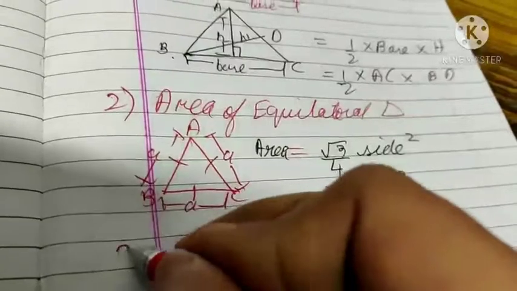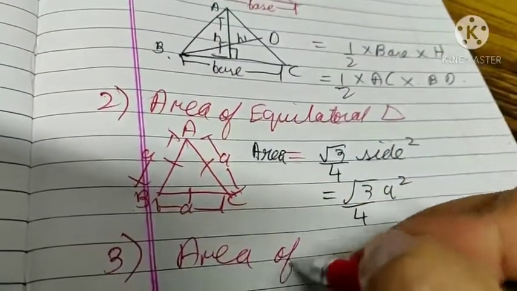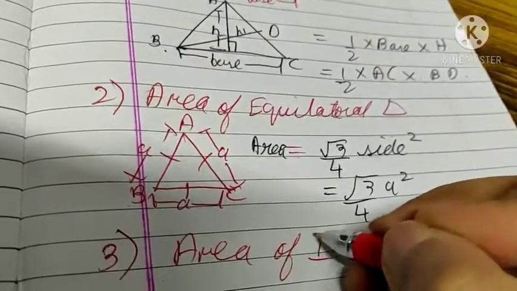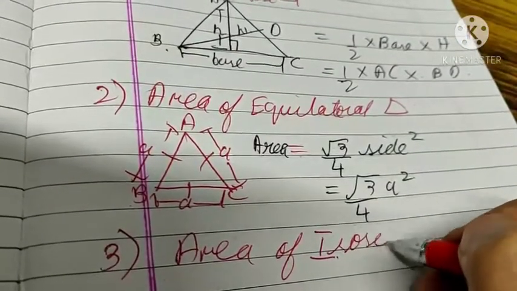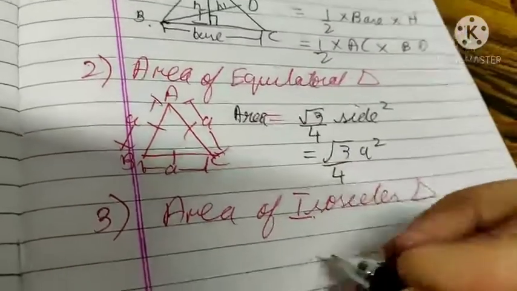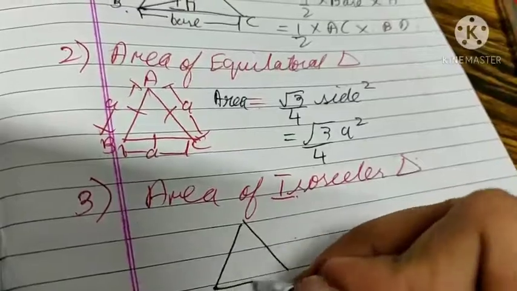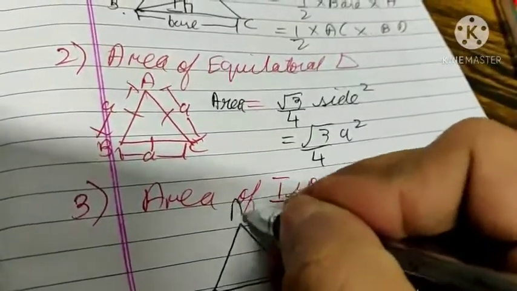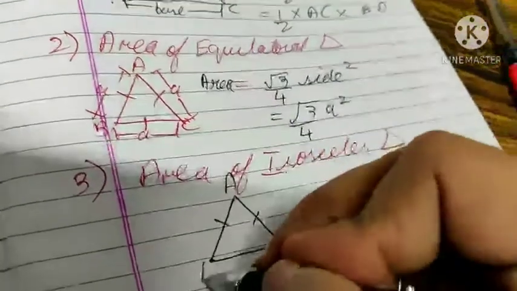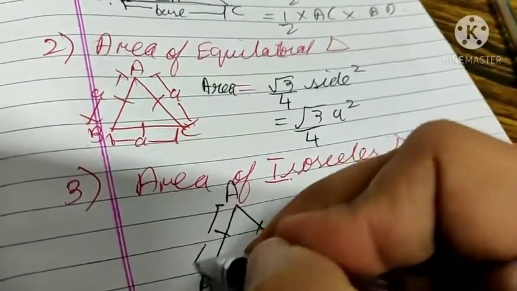So our third form is area of isosceles triangle. This is an isosceles triangle in which AB and AC are equal.